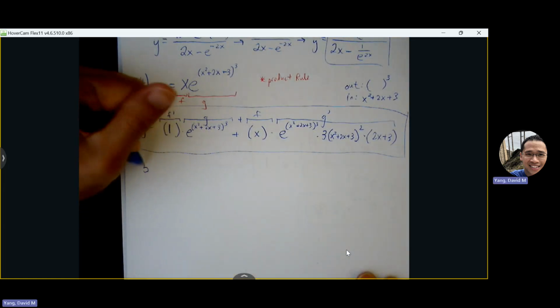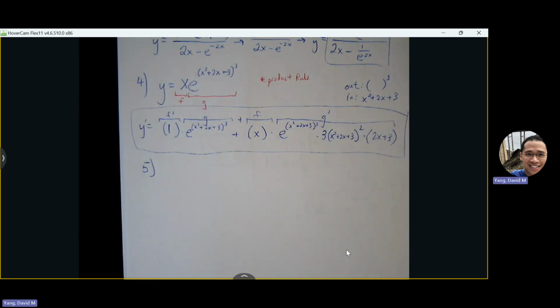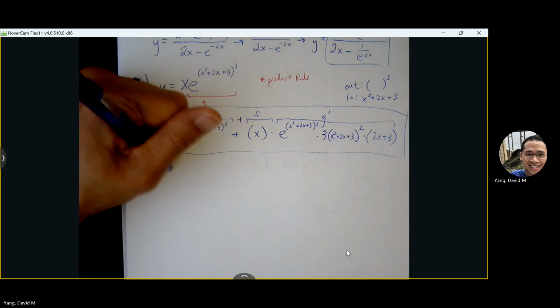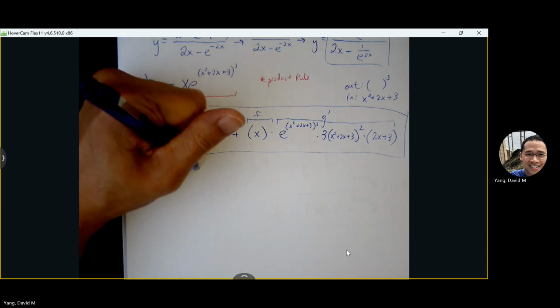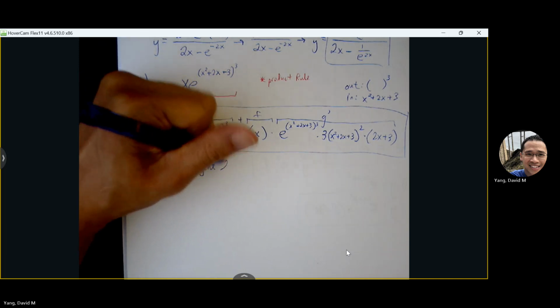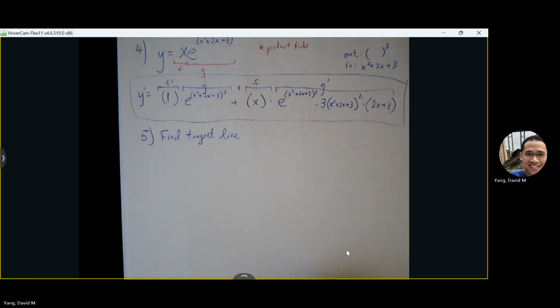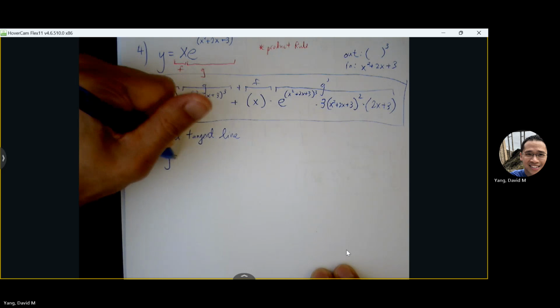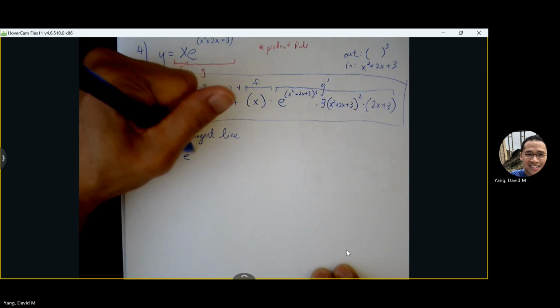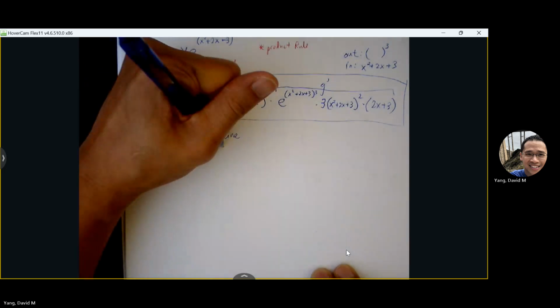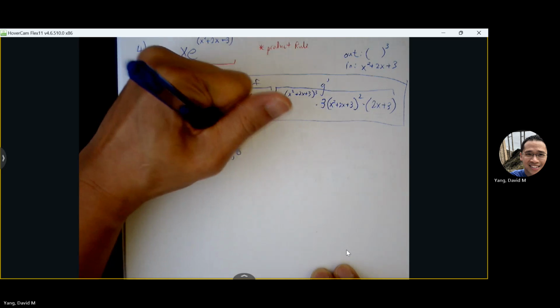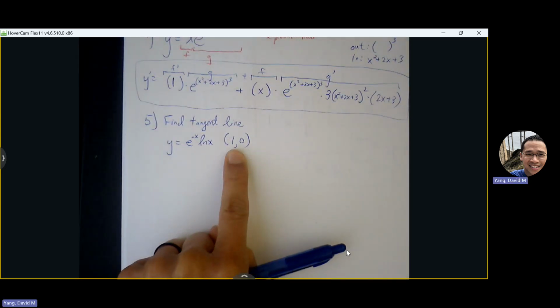Okay, number 5. Write the equation of a tangent line. So we want to gather ordered pair, we want to gather slope, and then point slope form. Okay, so we have our ordered pair that's given to us.